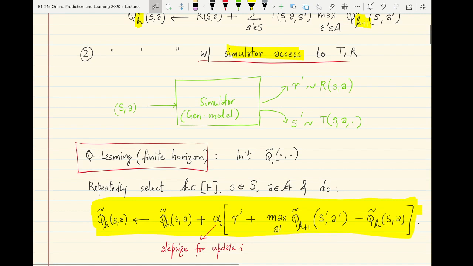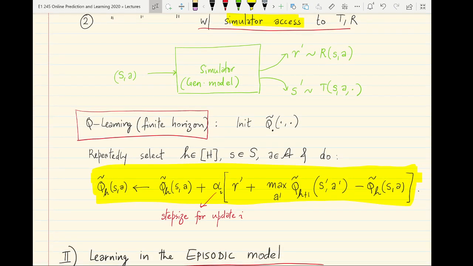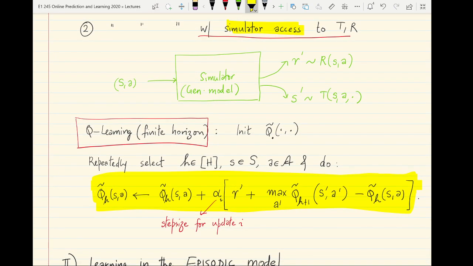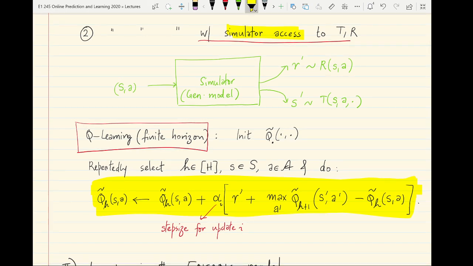So, if there is a simulator like this available, then we defined what is called the Q learning algorithm for the finite horizon H MDP problem, which basically initializes an arbitrary Q value function as a proxy for the optimal Q value function.